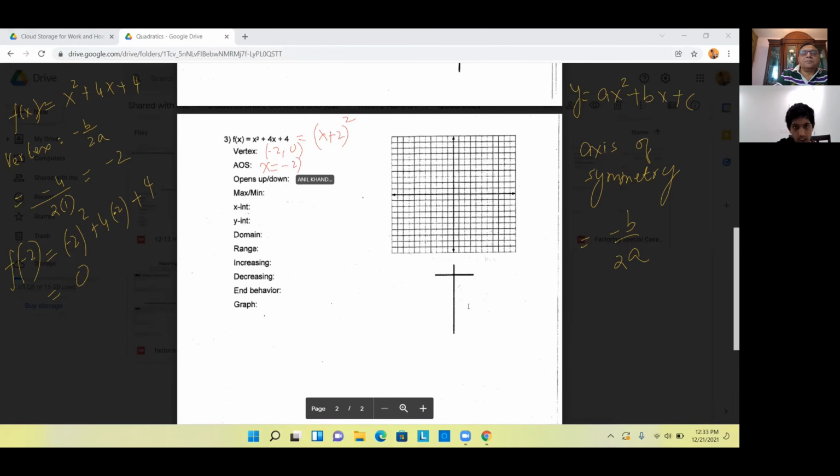It opens up, right? And the value will be a minimum. The minimum value is y equals 0. The x-intercept is also at minus 2, 0. For x equals 0, the y-intercept will be 4, right? Yeah.